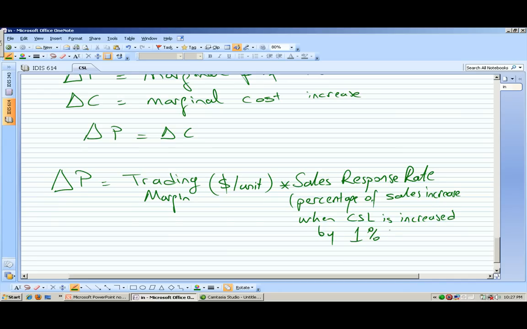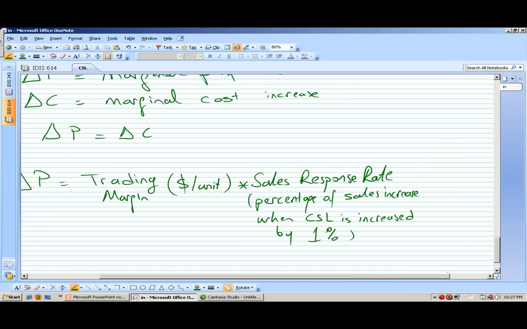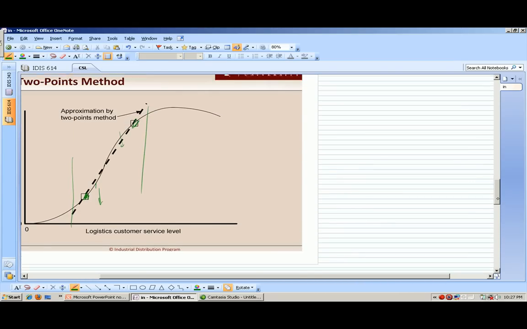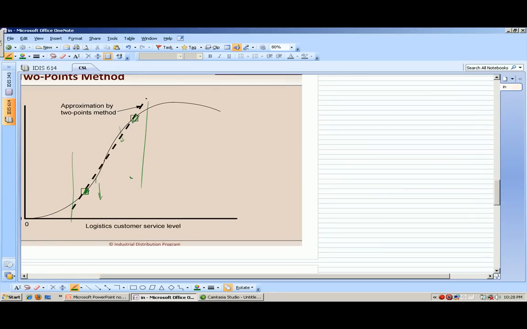So if I increase my customer service level by 1%, how much sales increase will I see? That is the slope of this line.